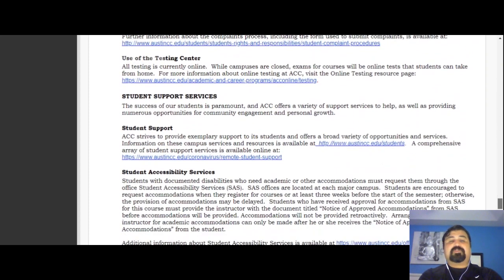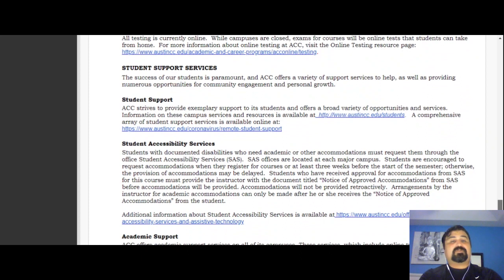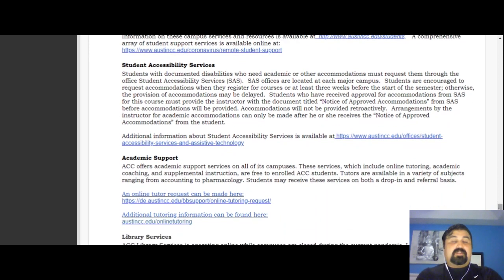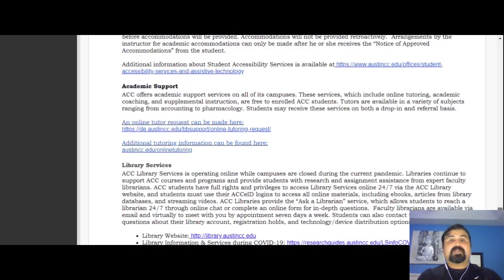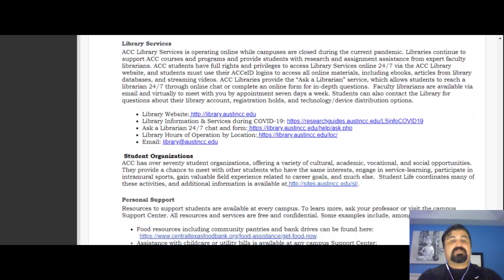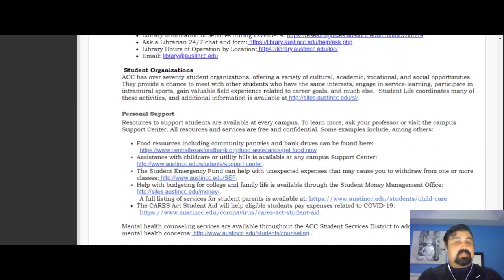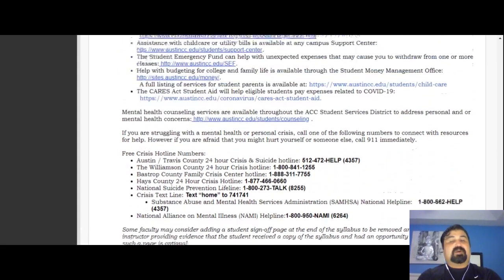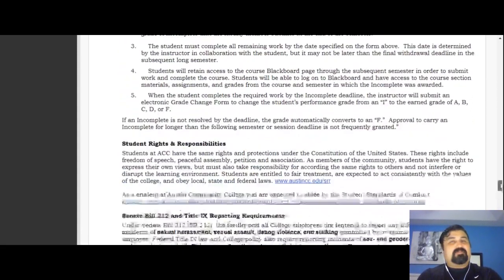Okay, use of testing centers, student support services, accessibility services as well. If you need accommodations, for example, where to go to request accommodations from the student accessibility services, academic support, okay, library services, student organizations, illness, and so on.